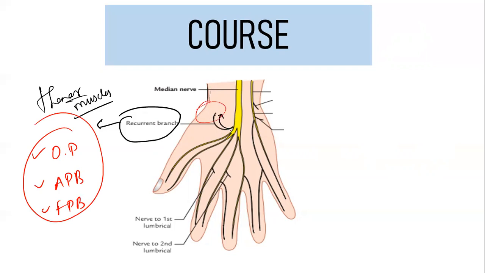And then what happens to the remaining nerve? The nerve is going to predominantly divide into two branches. Each of these is going to give rise to palmar digital nerves.